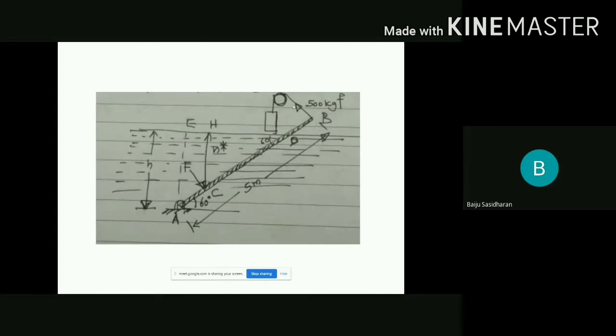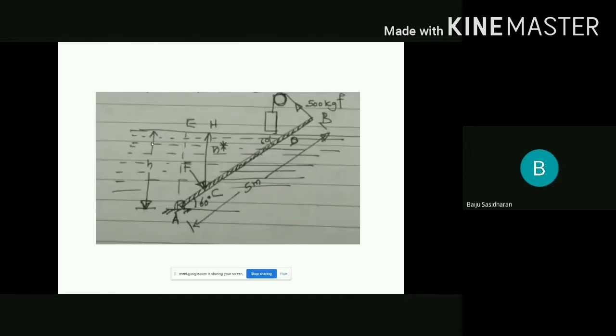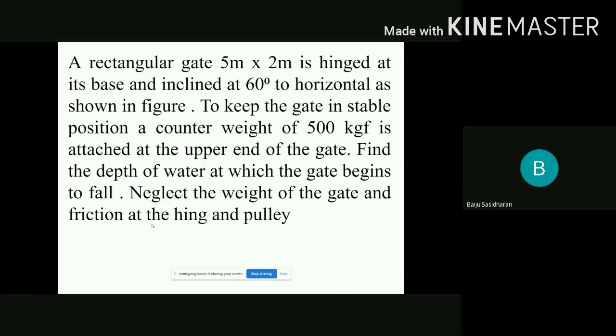The anti-clockwise moment due to this force as well as the clockwise moment due to the other force should be balanced. Then only this gate will stay like that. Whenever there is unbalance, this gate will start to move downward. So that is why we have to find the minimum height of water from the hinge required to produce a shift of this plate to the right side. Now I will explain the problem.